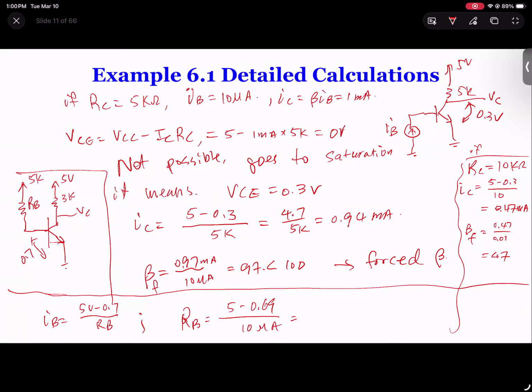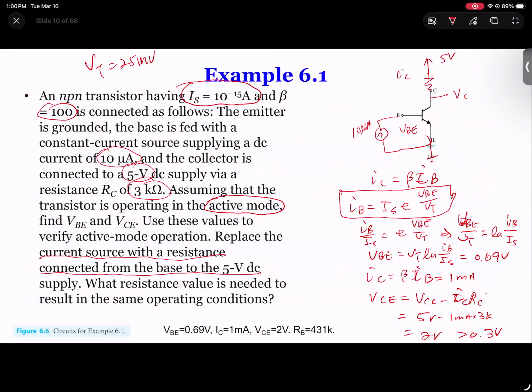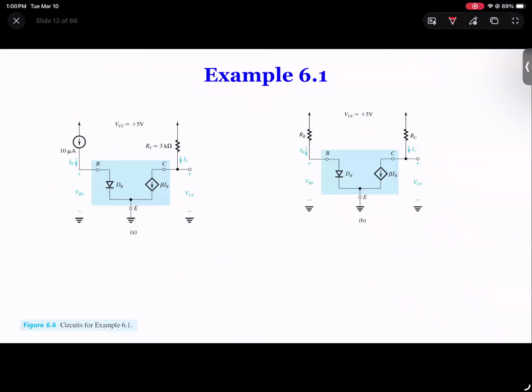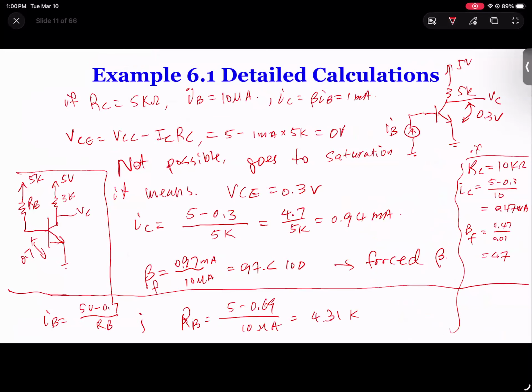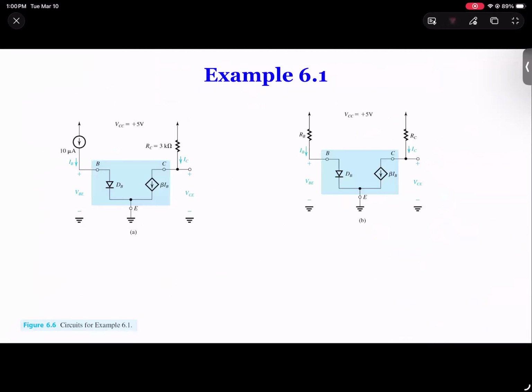That gives you a certain resistance, which is roughly 4.31 K, right? Oh, actually not 4.31 K, it's going to be 431 K. It's a very small microamps, okay? So that's this example.